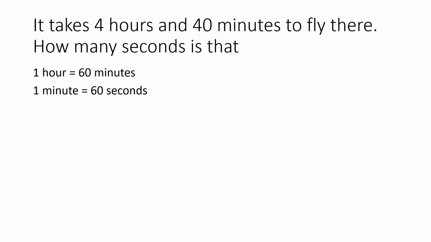What about time conversions? So for this one, we're told it takes 4 hours and 40 minutes to fly there. How many seconds is that? Well, we need to do 2 conversions here. First is the number of hours, right? If there are 4 hours and 40 minutes, right? 4 hours is just going to be 4 times 60, which is equal to 240 minutes.